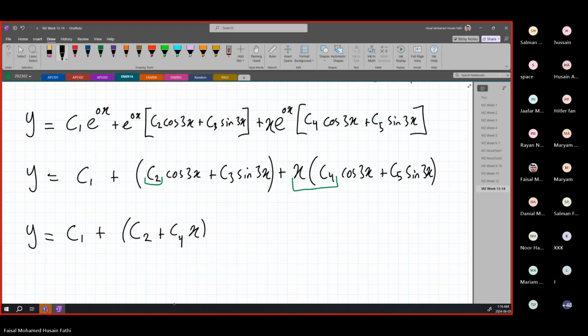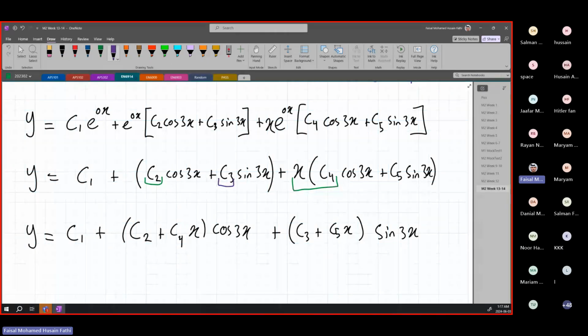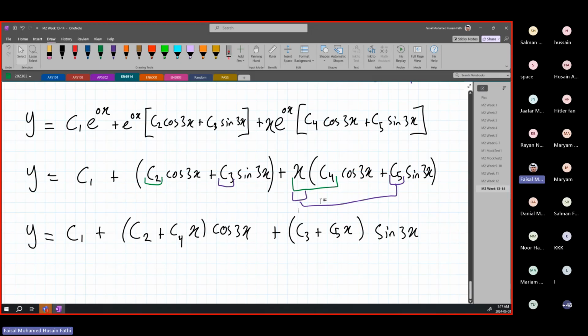I am taking cosine 3x as a common factor outside of these, plus C3, which is from the sine, plus C5 times x sine of 3x. Again, don't get confused. All I did was I took this with this times x as common. That's it.